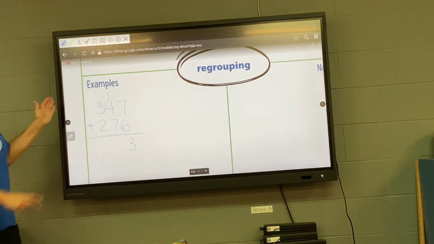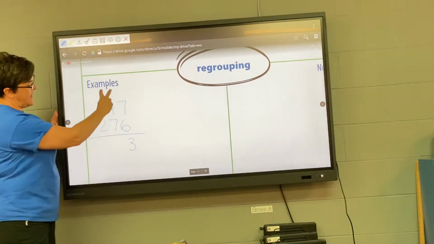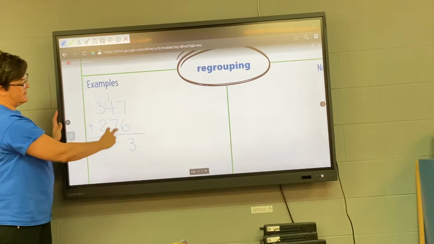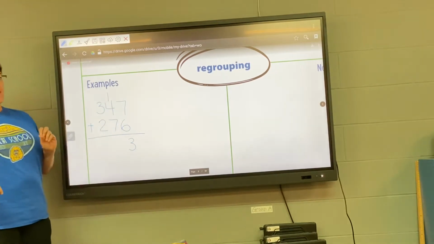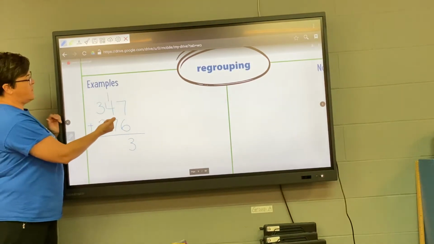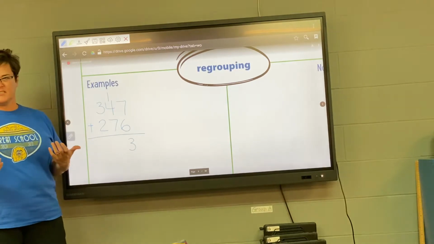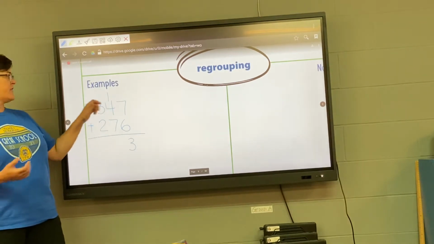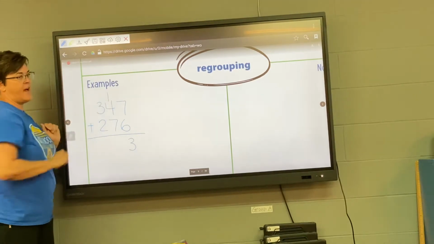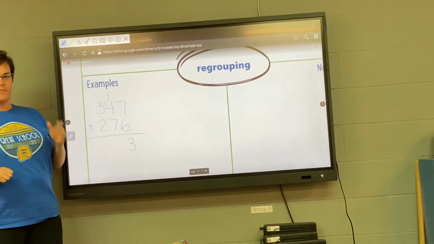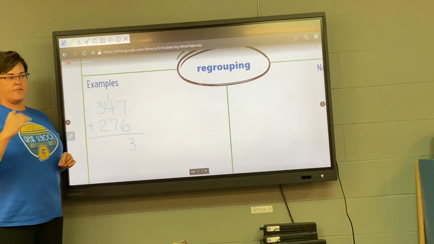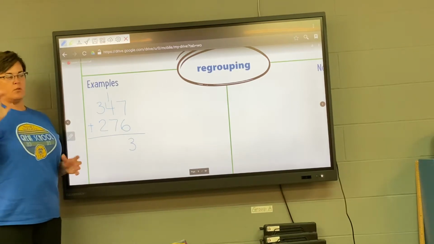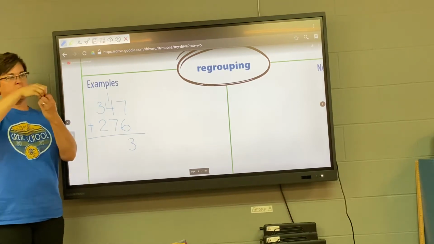Yes. Now I'm going to add my tens together. So I always start with my bigger digit. So 7 plus 4 plus 1, or think of it as 7 plus 5.